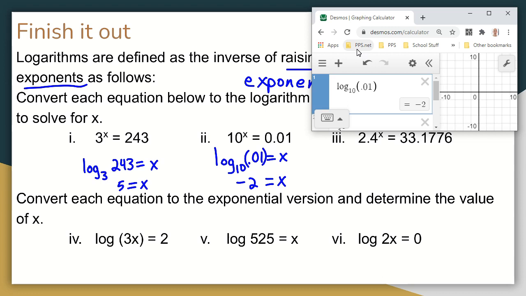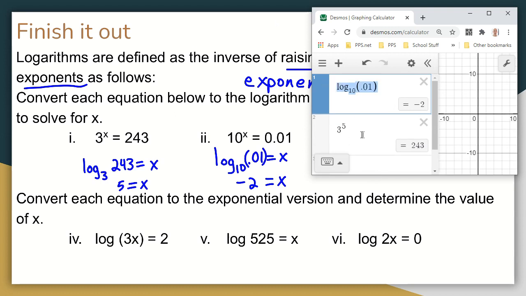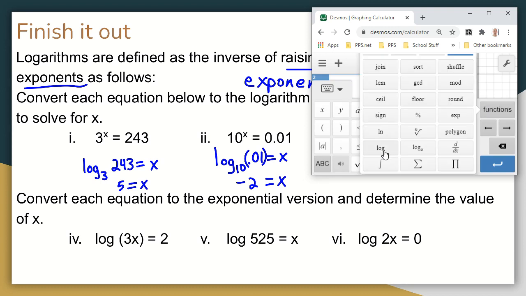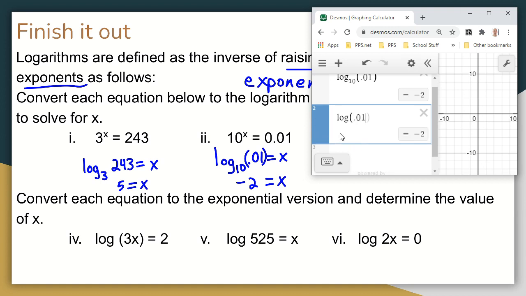I want to show you something else important about logarithms. Here we had base 10. Now, if I bring up functions again, notice this one doesn't have the base written in. It just says log of. So log of 0.01 is also equal to -2.